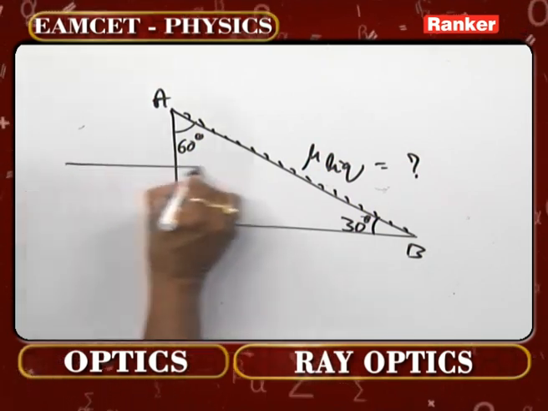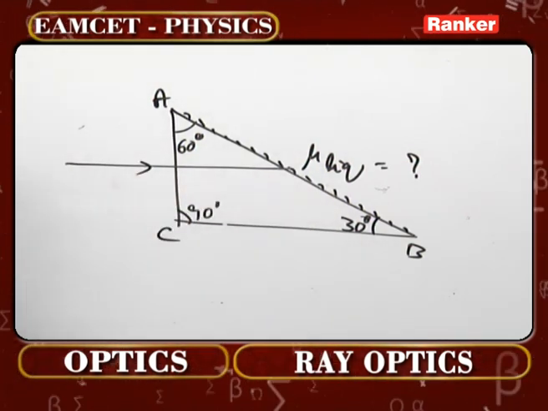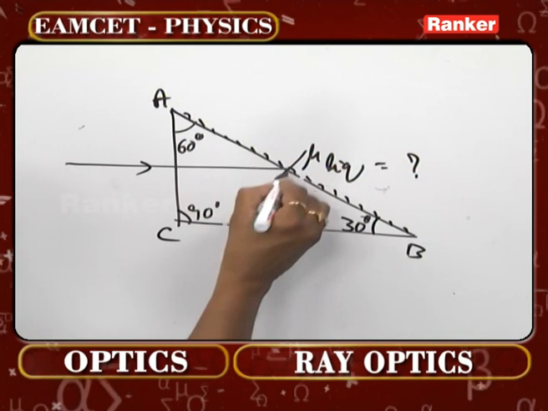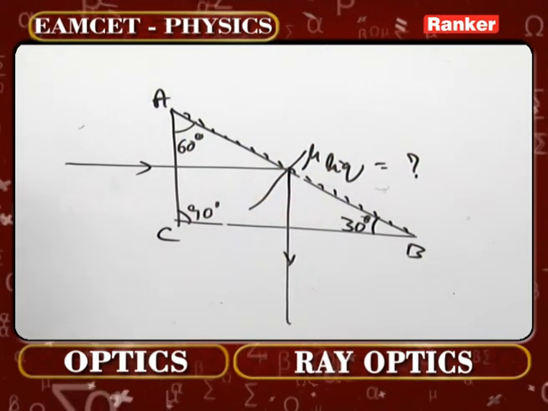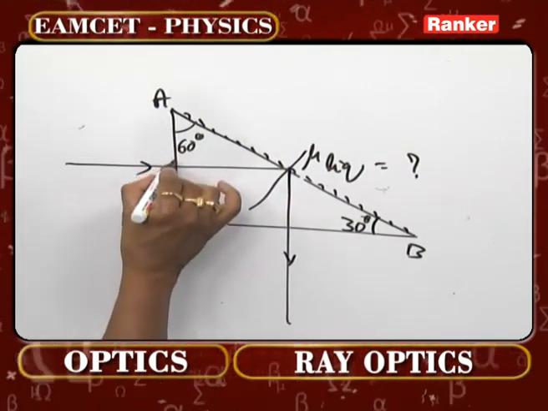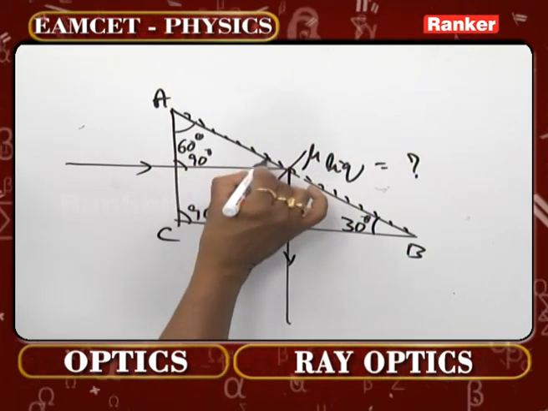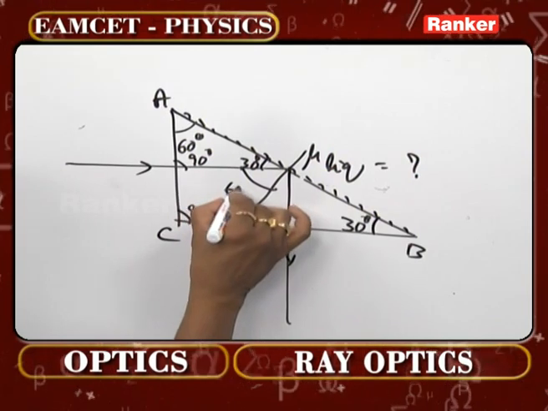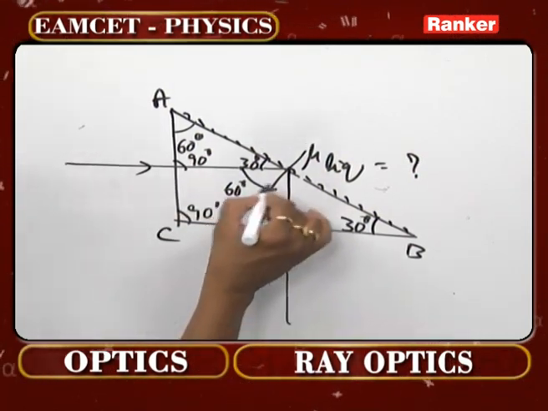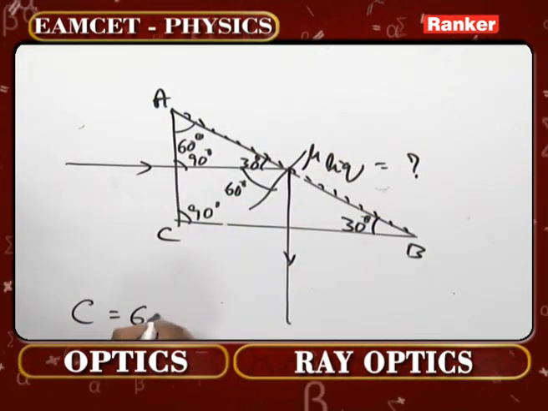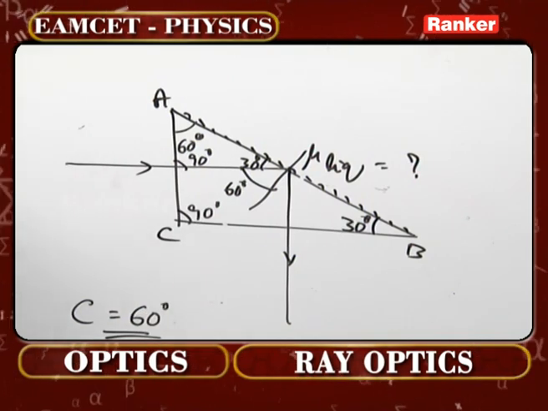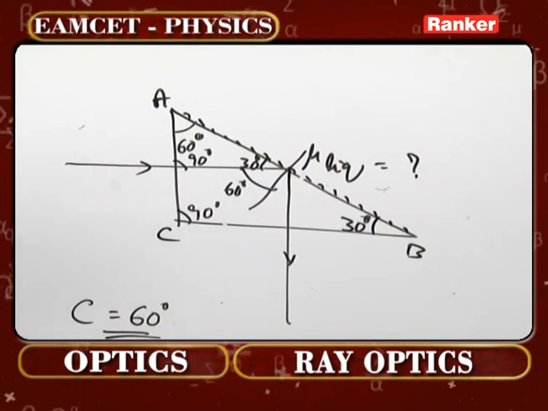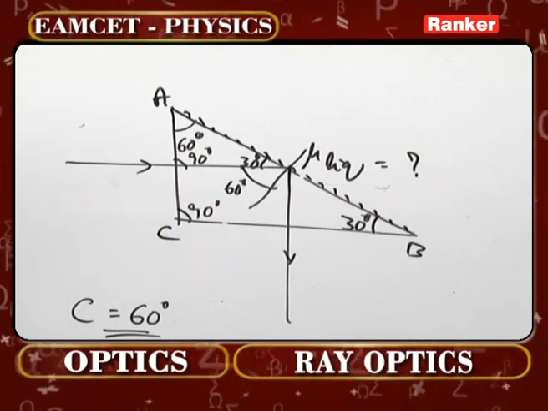Now if it is falling at 90 degrees, normal, then you can understand it now internally reflects like this. Then when this is 60, this angle will be 90 and this angle will be 30. Then what will be this angle of incidence over here please? 60 degrees. So what will be the critical angle over here? That is going to be 60 degrees now. That is the point what you just have to take up.